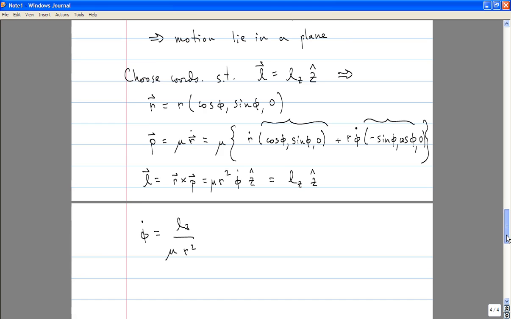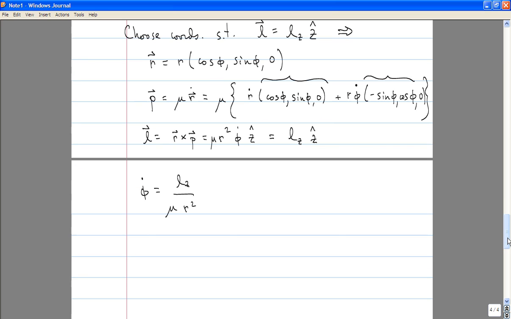So, in order to finish up, what I would need to do now is write the equations of motion in these polar coordinates. So, how do I start?